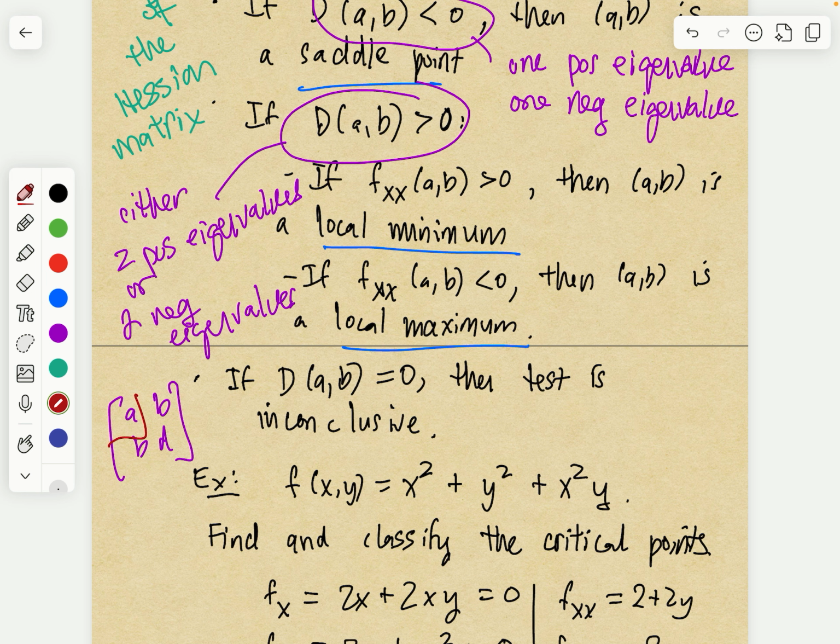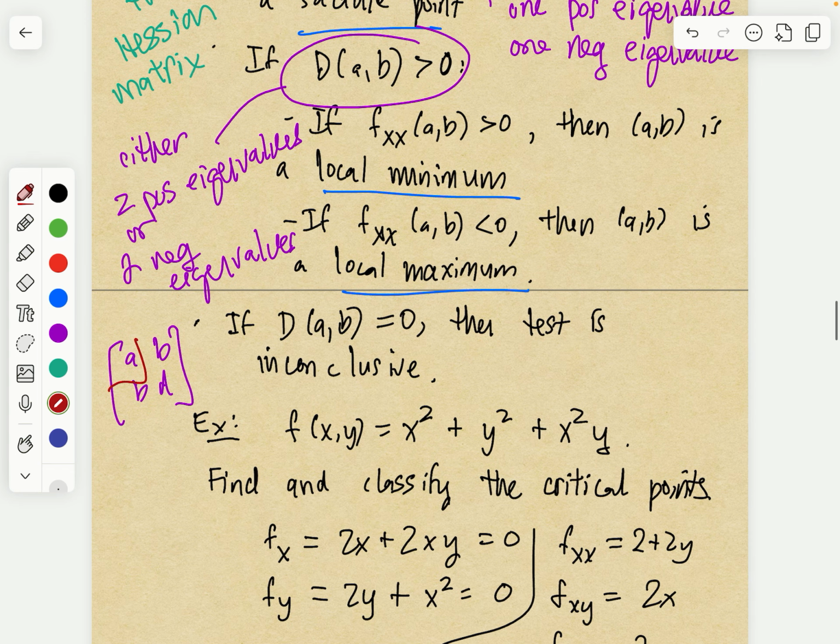So you have a local minimum. If A is negative and the determinant is positive, then you have two negative eigenvalues. And that explains why this criterion is true for the local min and local max.